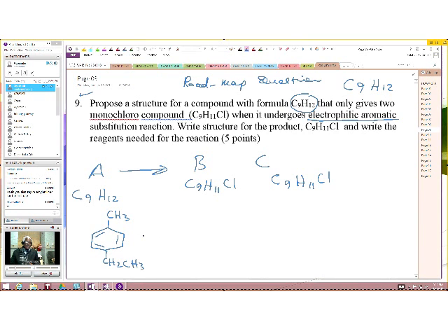Okay, if you react this with chlorination, this will only give you 2 products. You will get either this or this, because of the nature of the starting material that I've just given you. It's a monochloro product, either this or this.